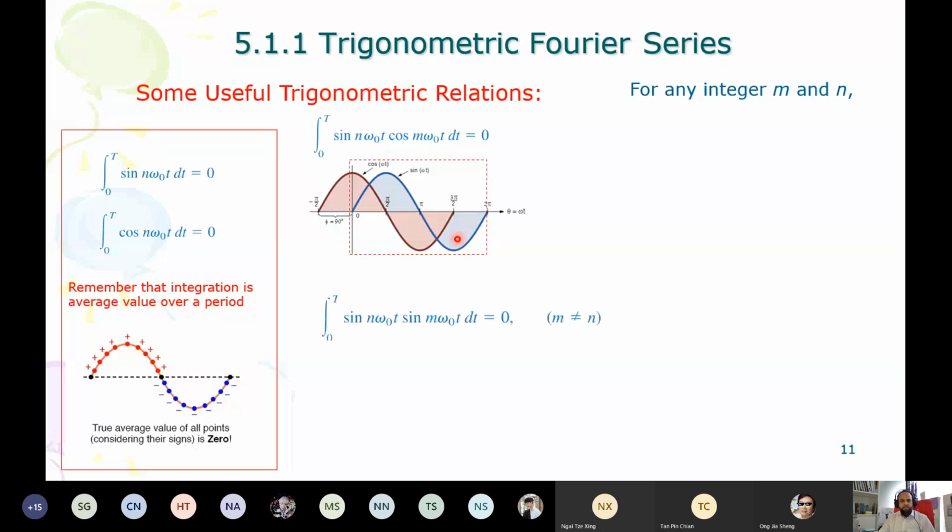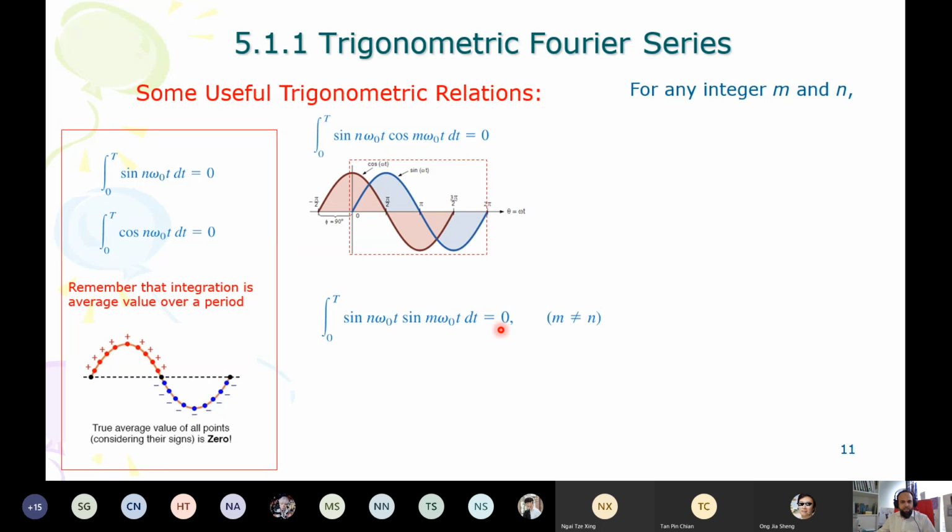All right. Then if it is sine and sine, a product of two sine waves with different frequencies, it will also result in zero for all m not equal to n. So if it's suppose sine 2 and sine 3 omega naught, or sine 5 and sine 7 omega naught, if they're different, also zero, right?